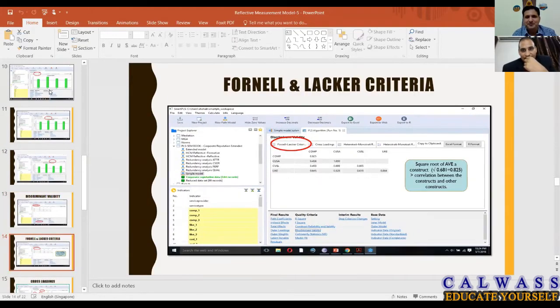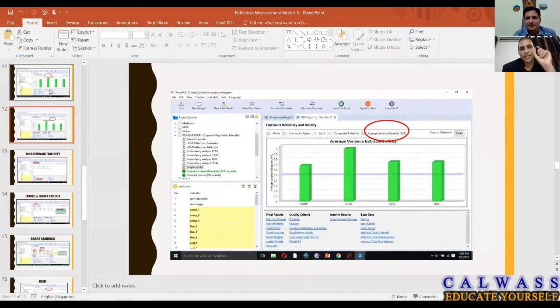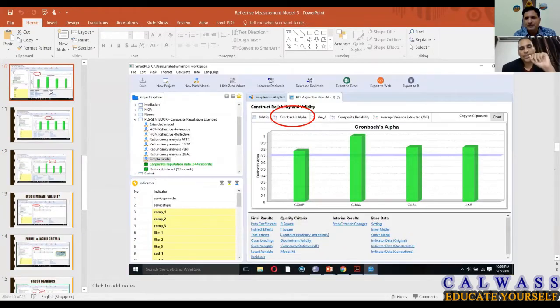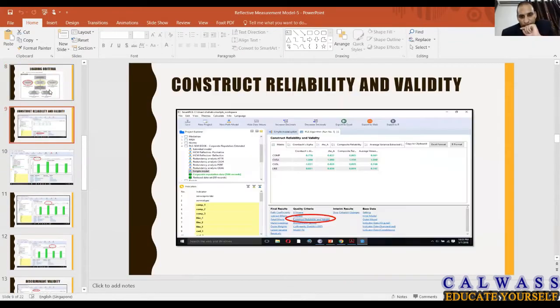Okay, so we have seen the item loading. The cutoff for the item loading is it should be greater than 0.7, right? The next is we can see alpha, rho, CR, AVE. The cutoff for all these three, alpha, rho, CR, should be greater than 0.7, and average variance extracted should be greater than 0.5.